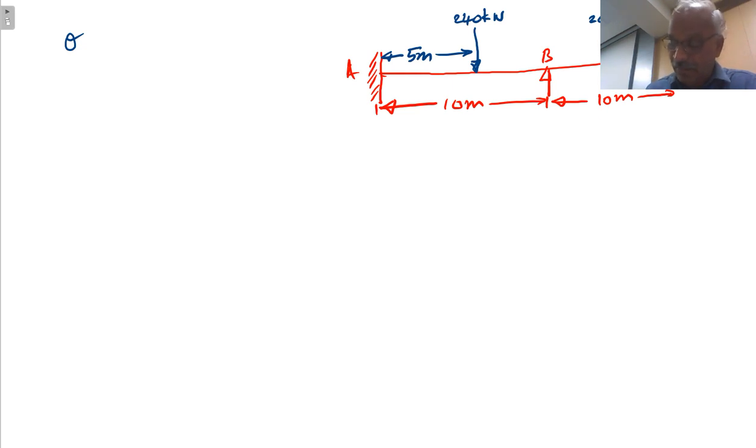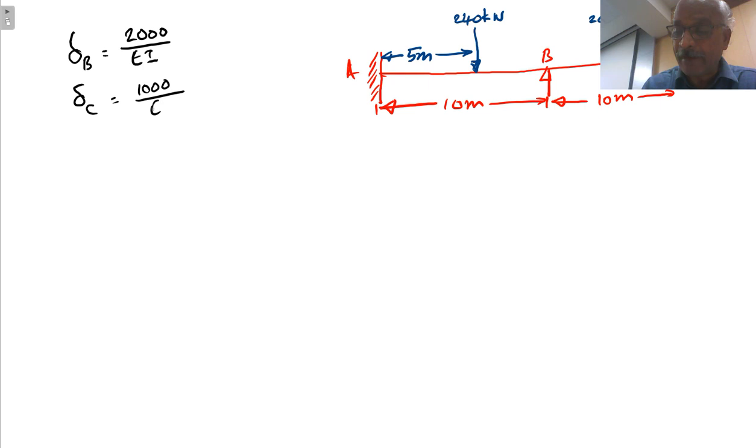Delta B equals 2000 by EI, and delta C equals 1000 by EI. So these are in addition to the load: support B settles by 2000 by EI, support C settles by 1000 by EI.